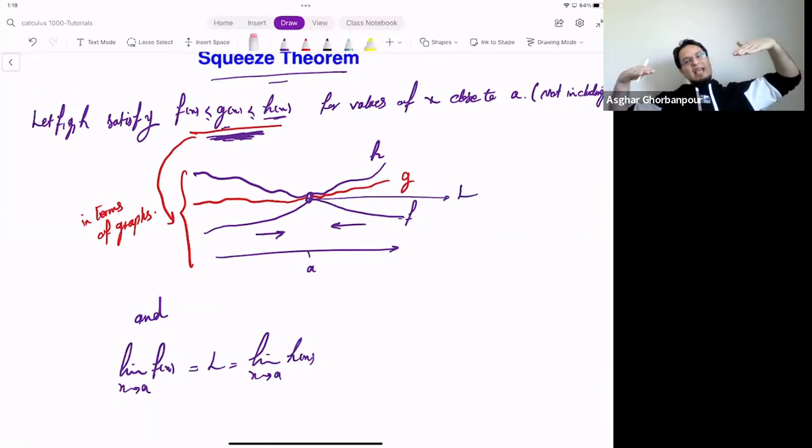So they will kind of meet each other at that point.